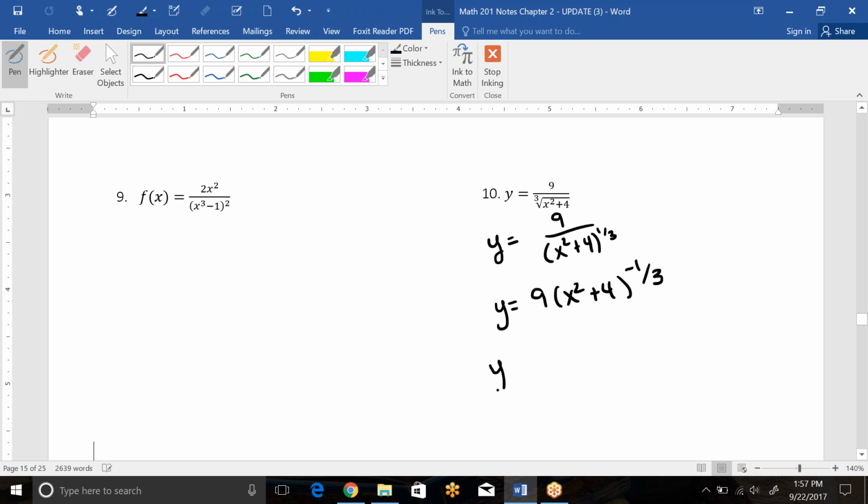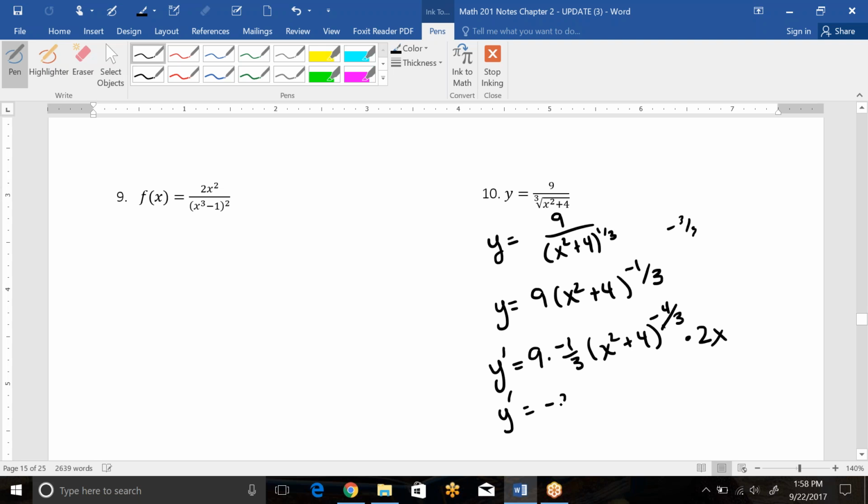So now I'm going to use my chain rule for the general power rule. So we're going to do 9 is out front times the negative 1/3 we bring to the front, x squared plus 4. Subtract a power, so remember that's like subtracting 3 over 3 from this, so that'd be negative 4/3. And then we have to chain, remember, the derivative of the inside, so that would be 2x. Okay, so let's simplify down.